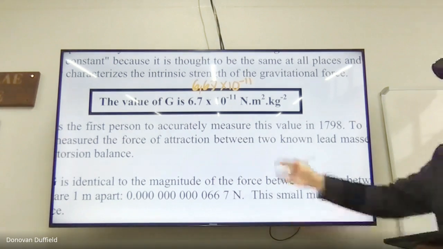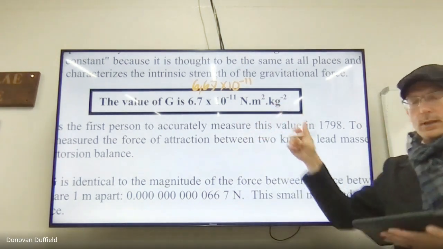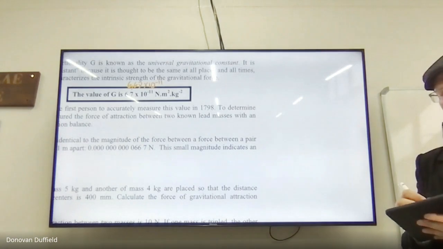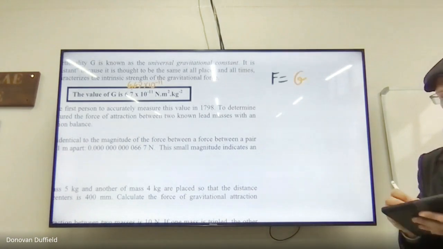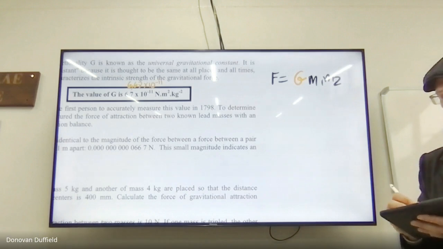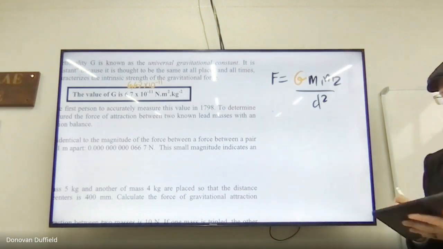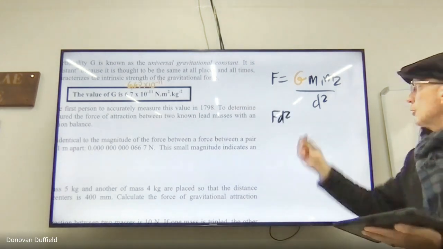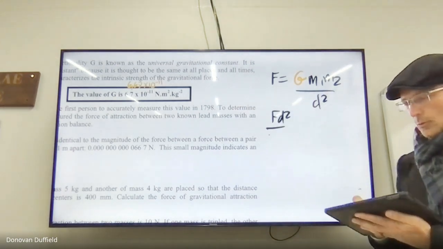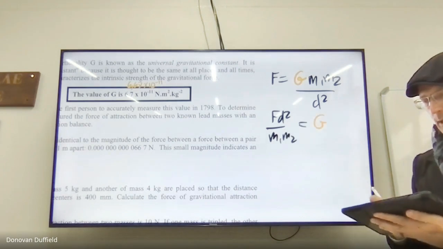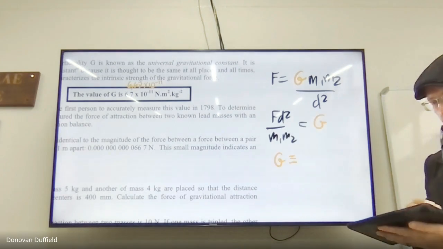All right, and if you're wondering where these units come from, I will show you. If you take F equals G, M1 times M2 over the distance squared, and you multiply by d squared on both sides, and you divide by mass 1 and mass 2 on both sides, you get G. Now let's look at G. What are the units of G?